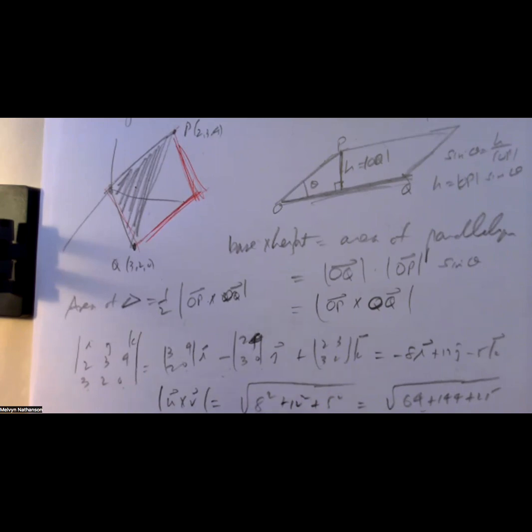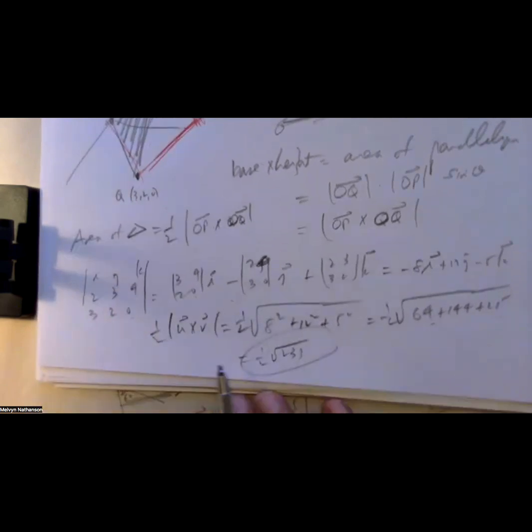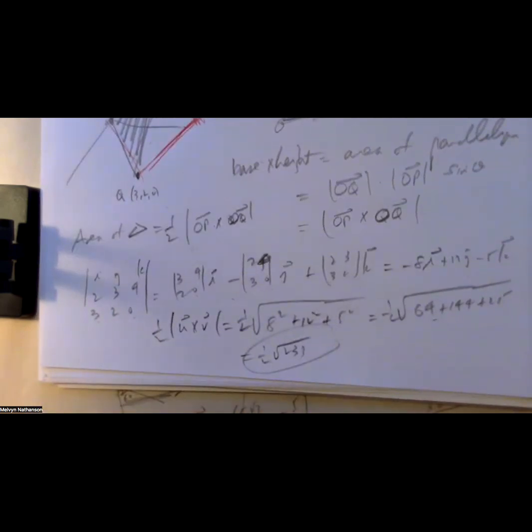And half of that, one half the square root of 233, that is the area of the triangle. Right? Any questions about that?